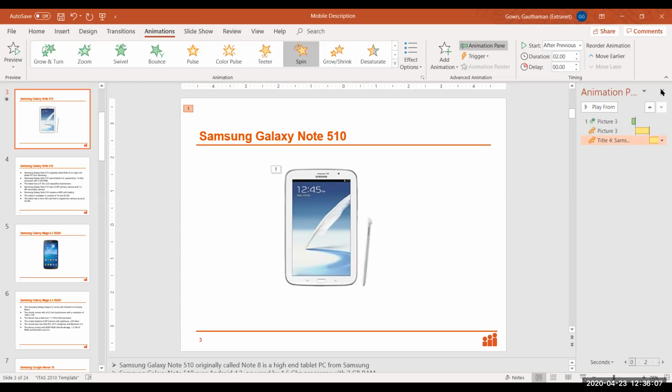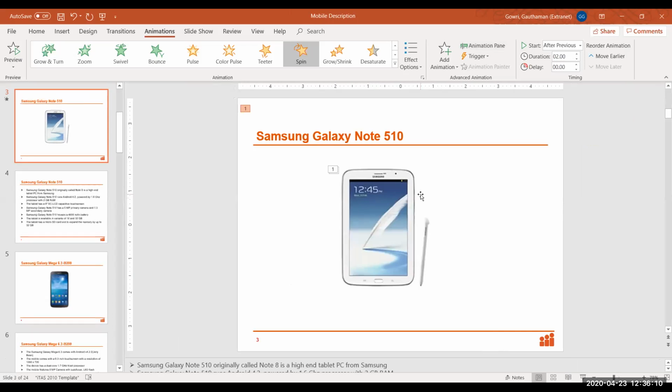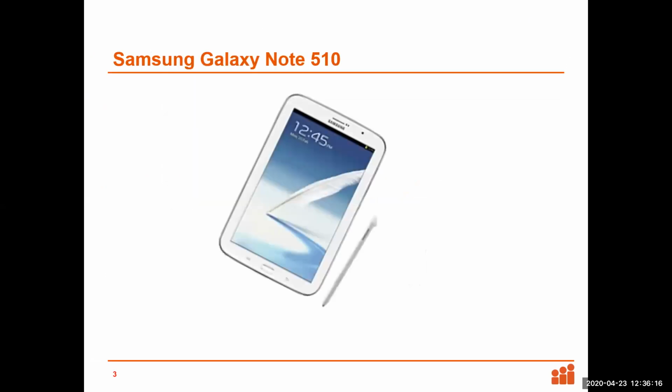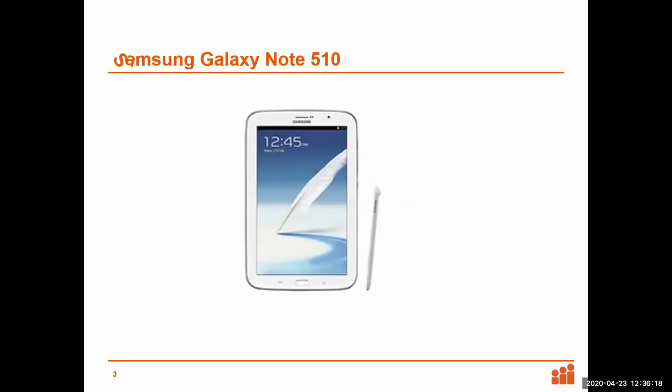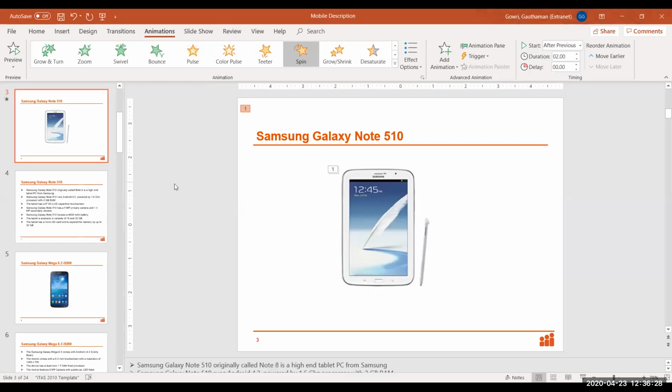So let me show you this by playing it in the slideshow mode. So yeah, you can see it's playing. As soon as this plays, the next top heading is also playing. Okay, so these are the things that you have to remember in animating.